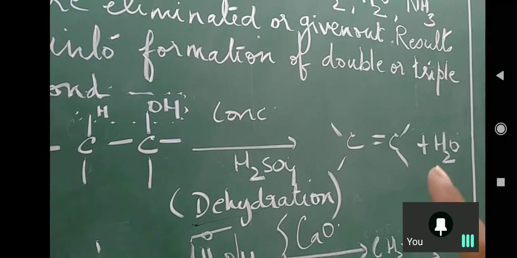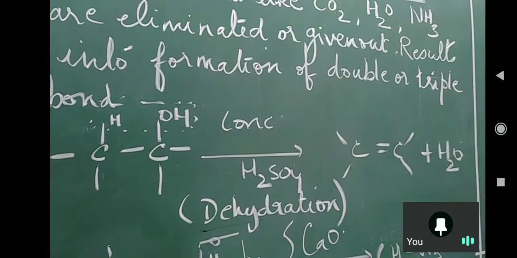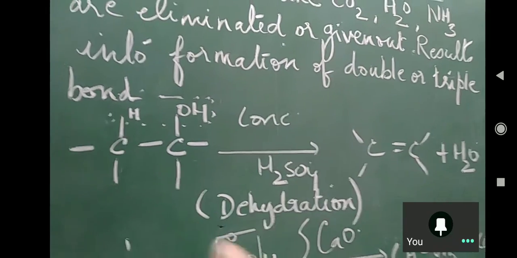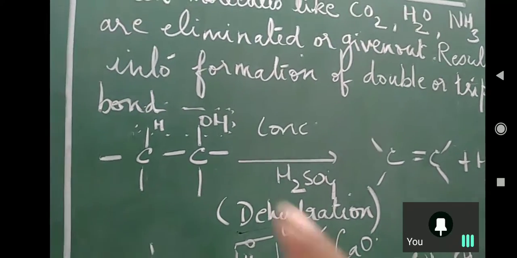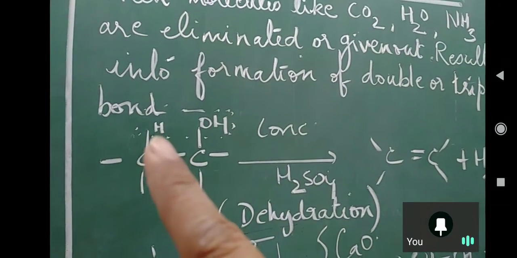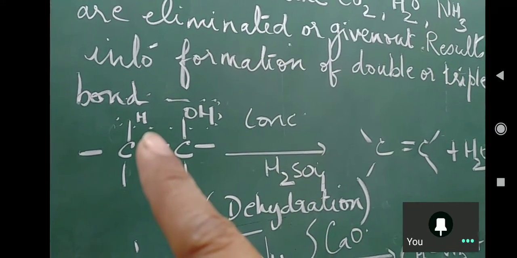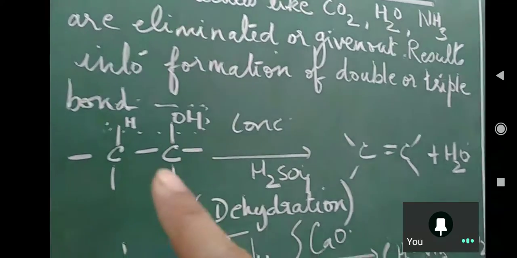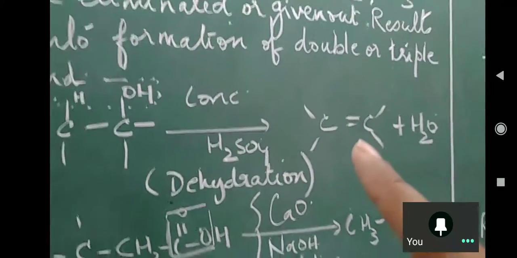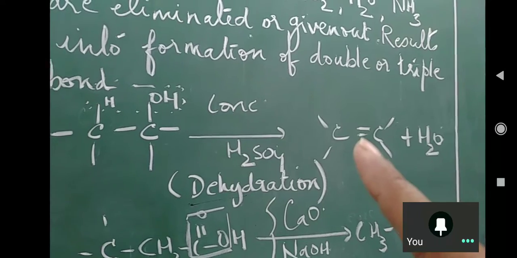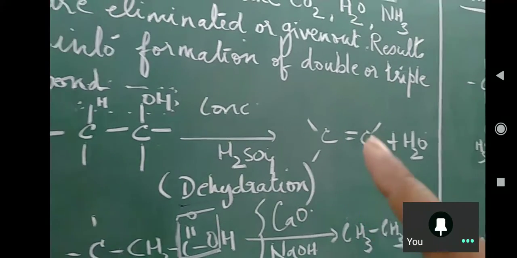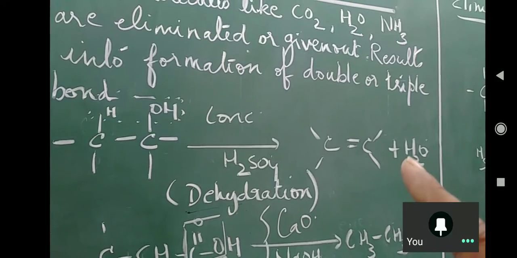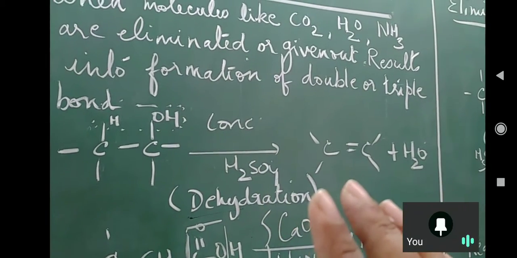Okay, what will happen to this water? It will be absorbed by concentrated sulfuric acid. When OH and H go away, one valency is free here and one valency is free here, and they overlap to form a double bond, plus water, absorbed by H2SO4.